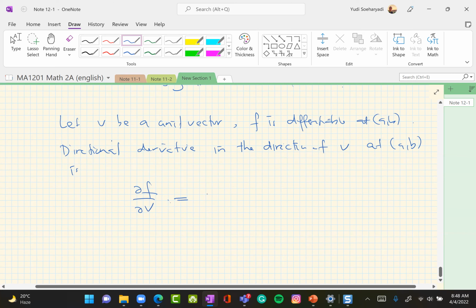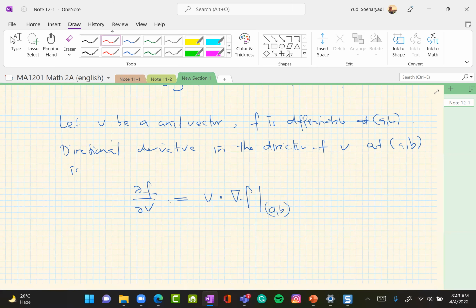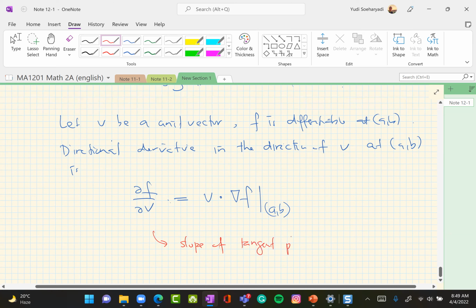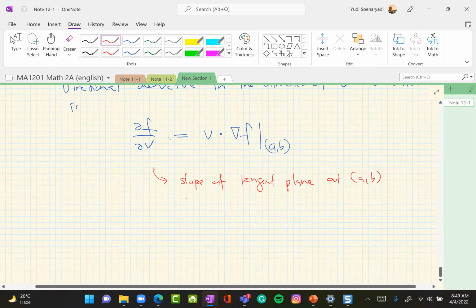That is v dot gradient of f at (a, b). Okay, so this is what we call the slope of the tangent line, sorry, of the tangent plane at (a, b) in the direction of v.